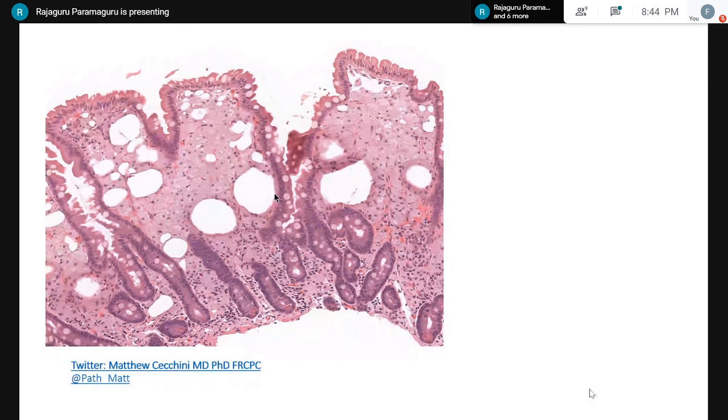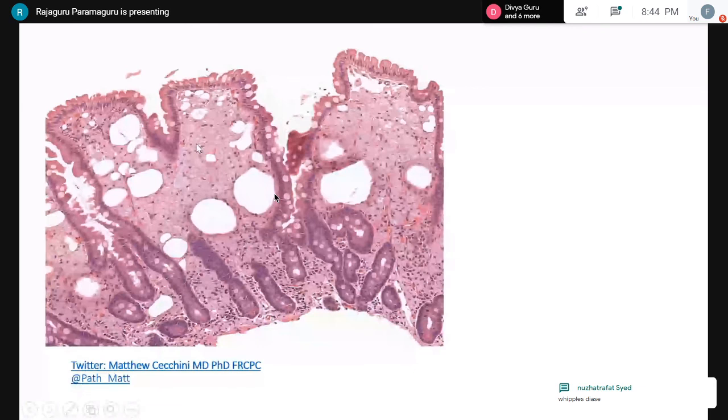When you get this kind of picture, there are two infections to keep in mind. One is Whipple's disease, and the other is the Mycobacterium avium complex infection, which happens in immunosuppressed patients.